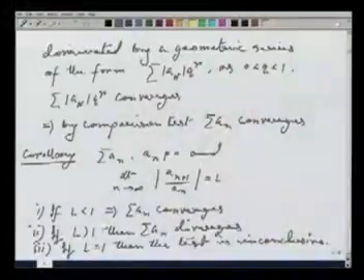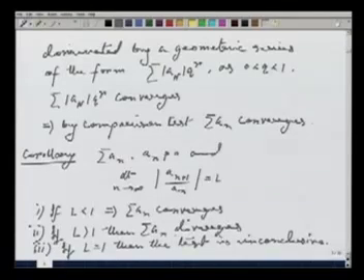But in one case the series converges and in one case the series does not converge. That means in the case L equals 1, the test does not reveal any fact about the infinite series. So this test will only apply in the cases when L is less than 1 or when L is bigger than 1. L is less than 1 implies the series converges, that is what is given in 1. And if L is bigger than 1, then the series an diverges.